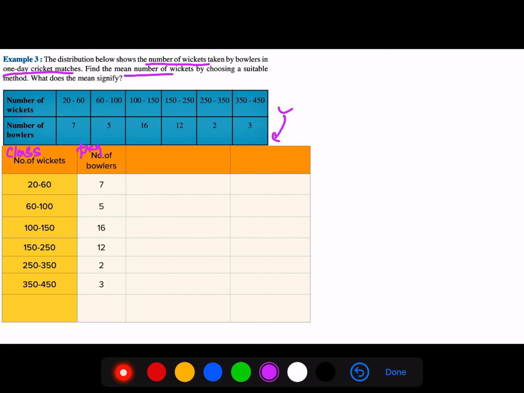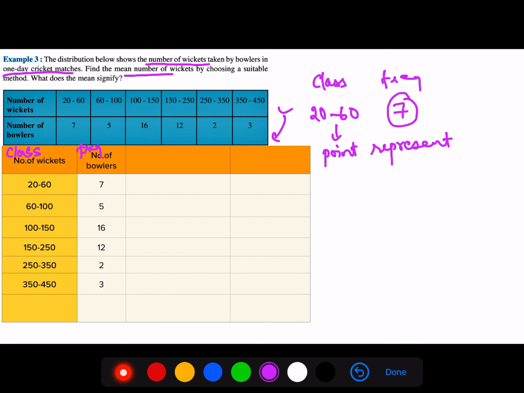As I said, I don't exactly know the data points, so I'll have to guess. Let's take the first class, 20 to 60, with frequency 7. I have to select a point within this class which can represent it, meaning all 7 data points can be represented by a single number.